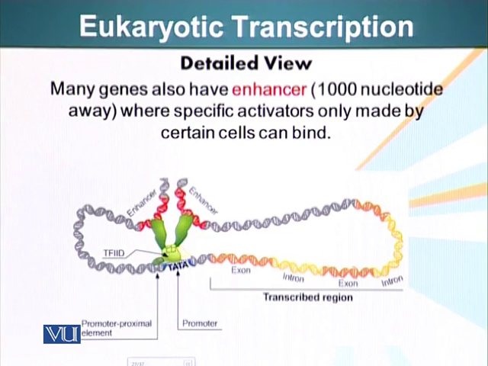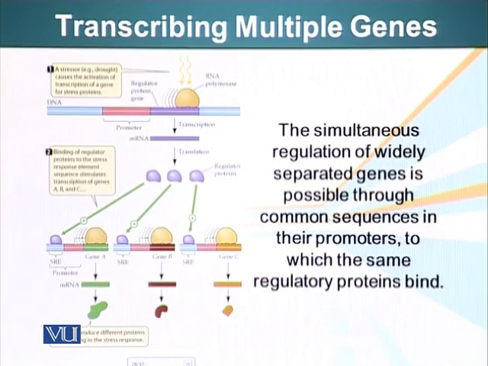It is thought that these regions recruit specific proteins and bend over at the promoter site, which facilitates binding of the transcription factors or the RNA polymerase, thereby facilitating transcription.